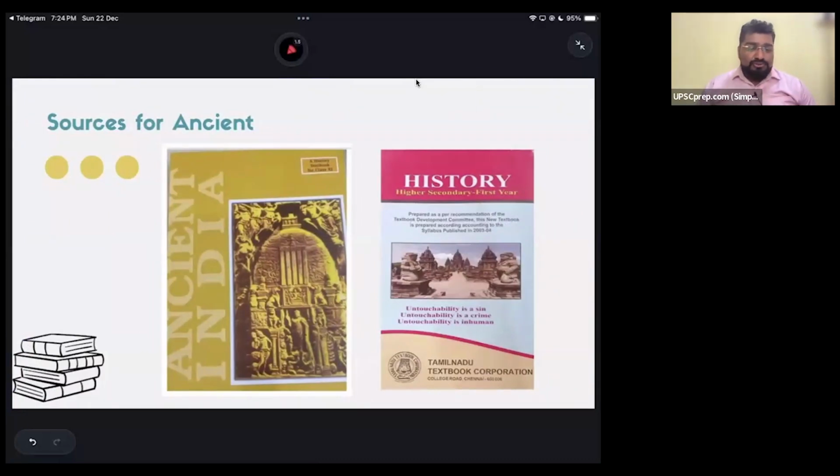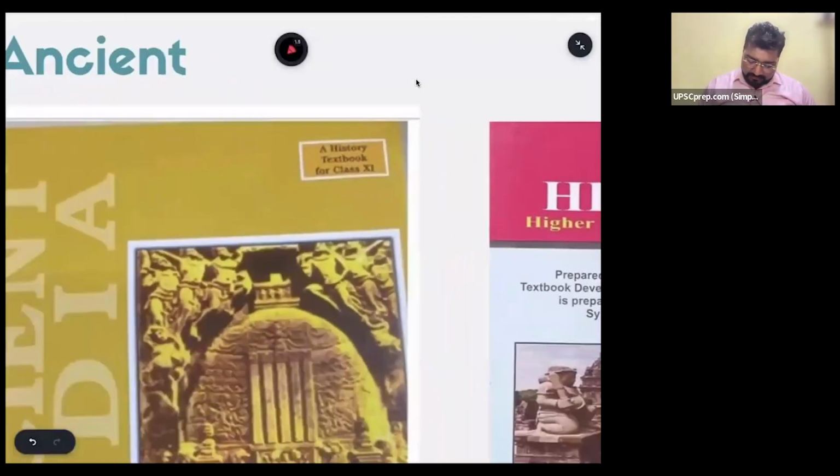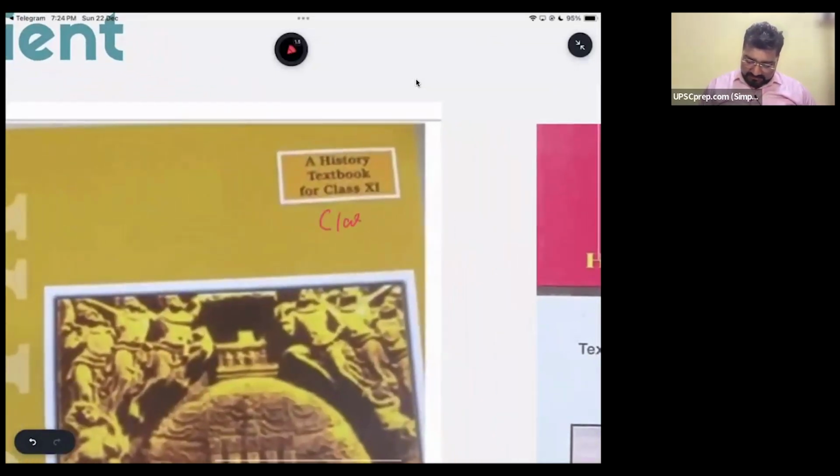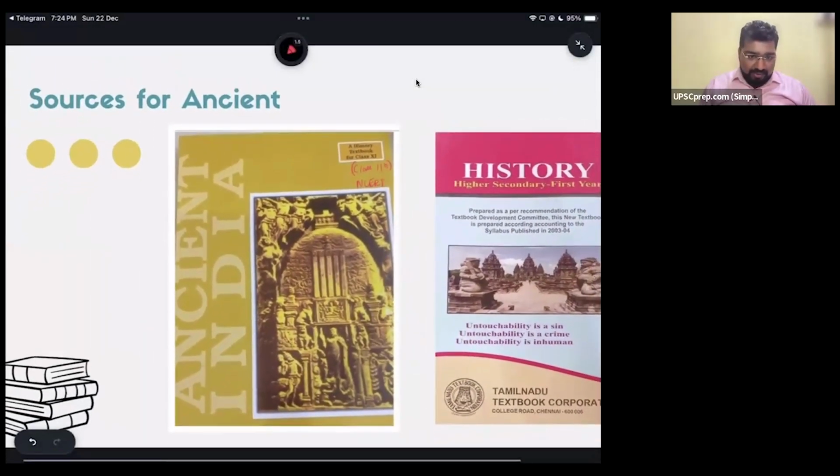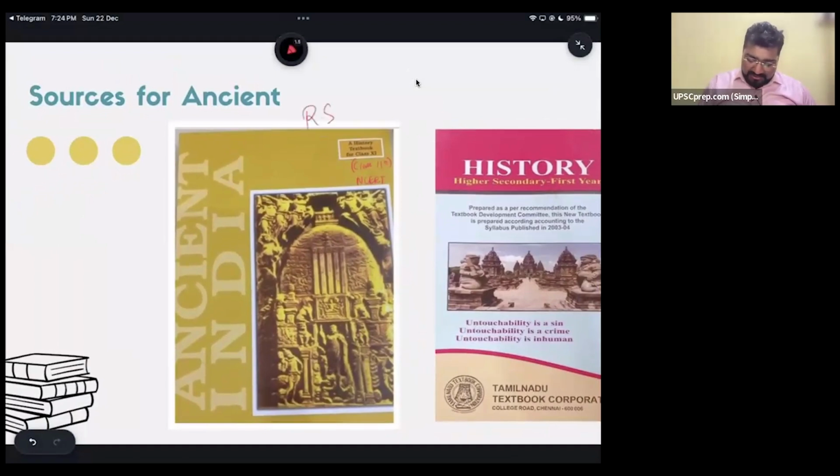So, sources for ancient India. Many of you might be aware of this book. It's the class 11th NCERT. Now, in the market, there is again an alternative book to this, that is nothing but R.S. Sharma.